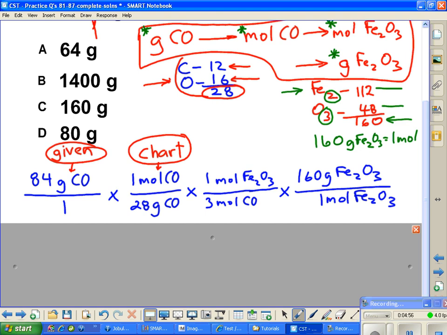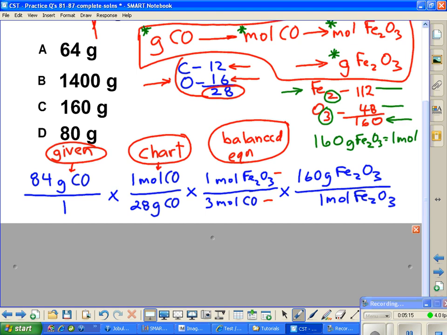Now, these numbers are from the balanced equation, which is going to give you the ratio of iron 3 oxide to carbon monoxide.